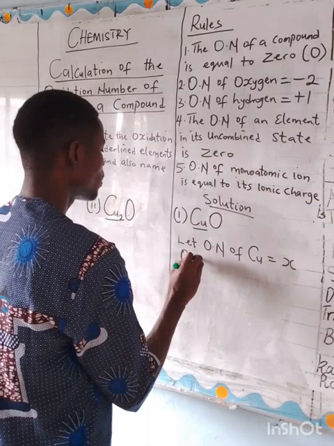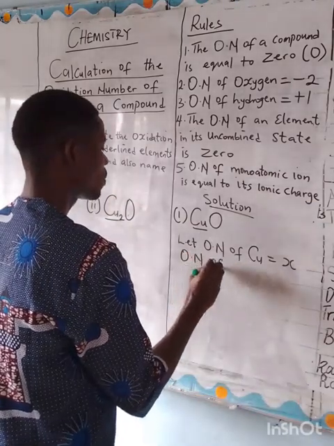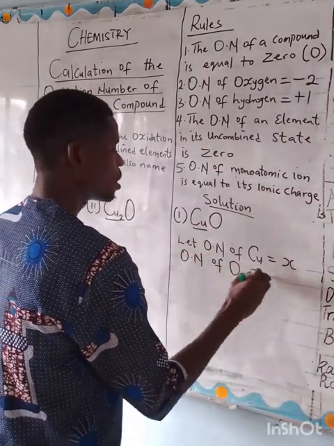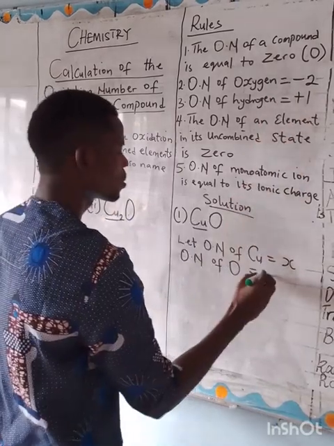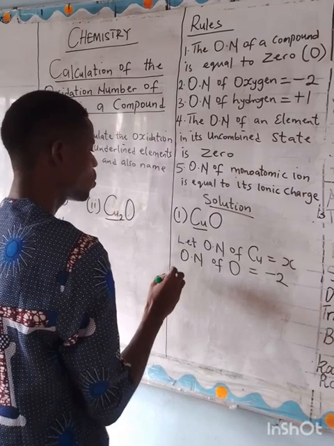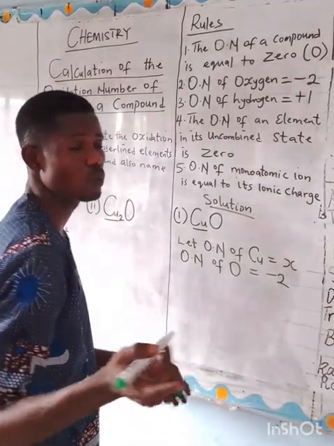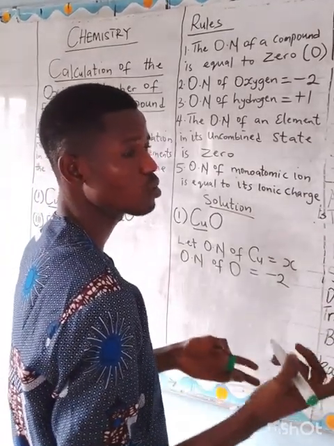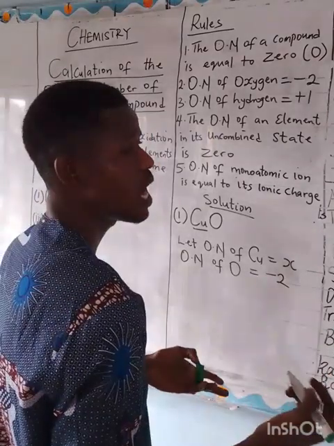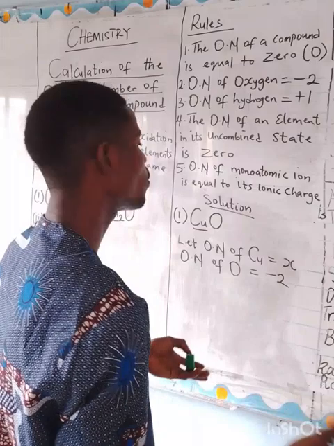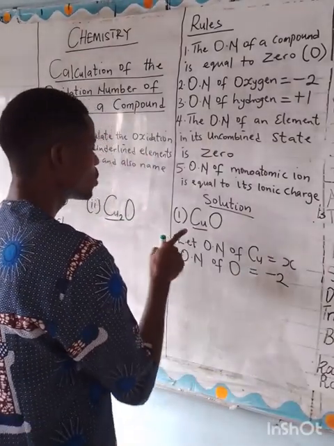Now, the oxidation number of oxygen, remember, is always minus 2 in a compound. So therefore, remember also the total summation of the oxidation numbers of elements in the compound is always equal to 0. So let's put this together.